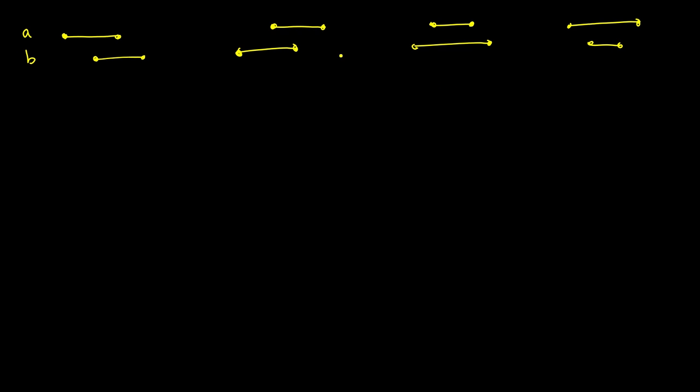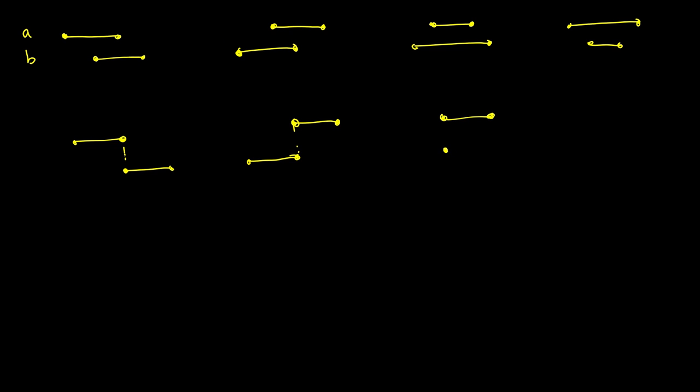And there are a few more cases like A ends here and exactly B starts here. Then the other case can be this one. So we have 6 cases, and the next one can be that both are the same.